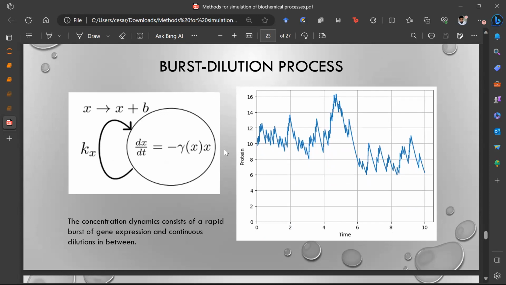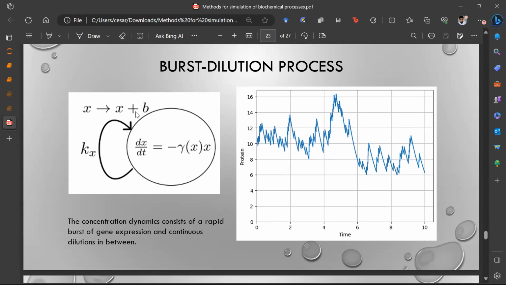So what's the idea here? The idea is that sometimes the RNA lifetime is so short that every time RNA is produced, multiple proteins are produced, and the lifetime is relatively short compared to the protein.